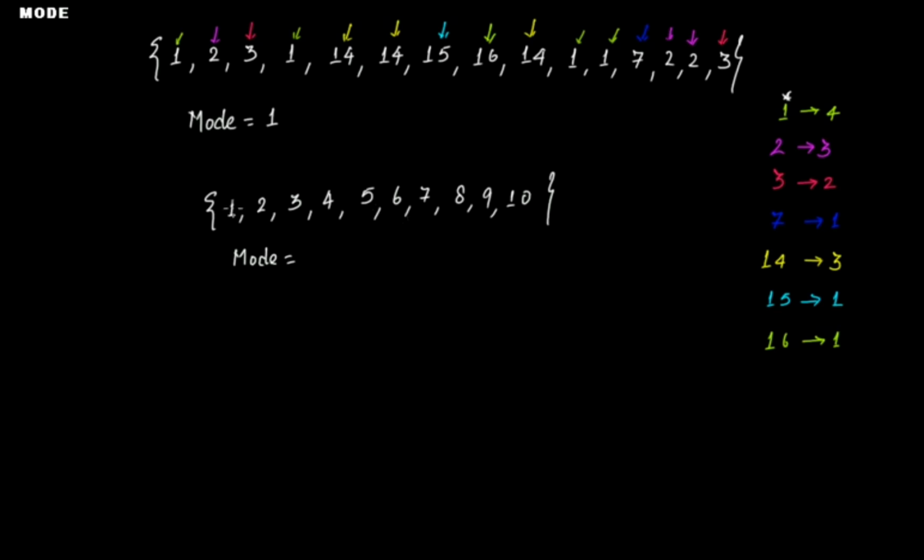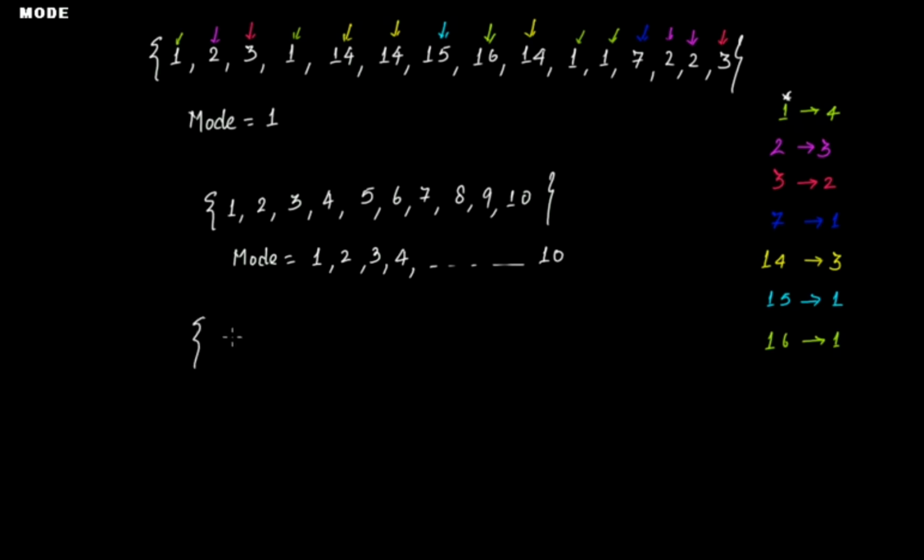So 1 will be mode, 2 will be mode, 3 will be mode, 4 will be mode, and up to 10. So all these numbers are actually mode. It means that for a given data set, you can have more than one mode.